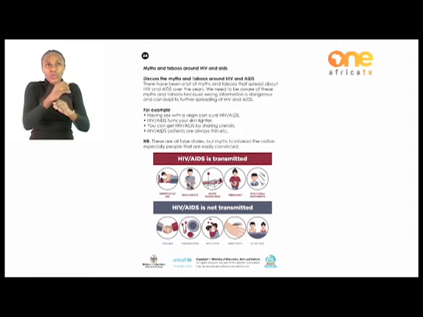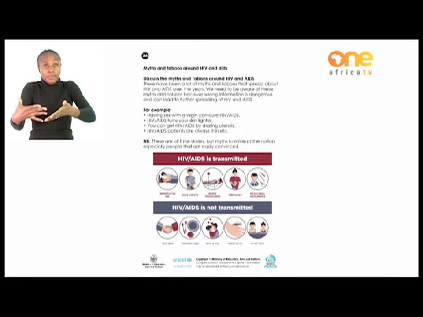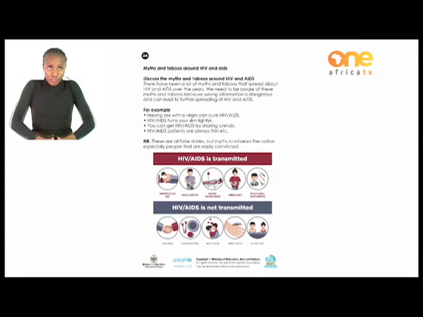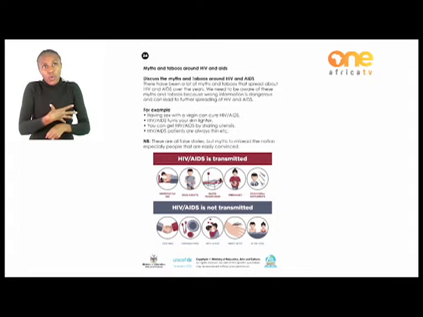So you're most likely to engage in unprotected sexual intercourse or share needles that may contain blood. And we all know that HIV lives in bodily fluids such as blood. Blood transfusion, mother to child transmission of HIV can be during pregnancy or at birth or through breastfeeding.